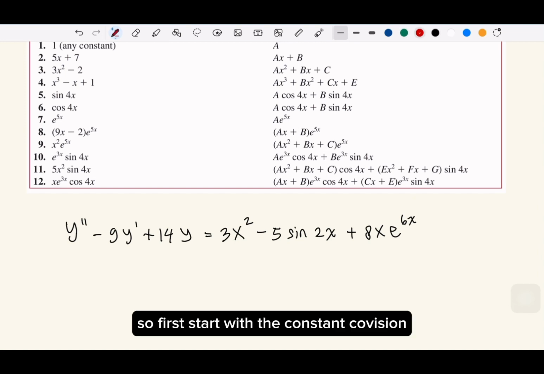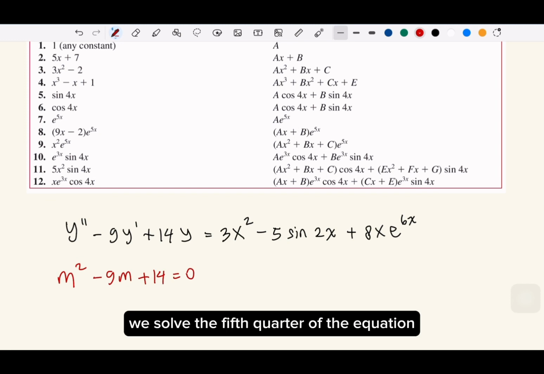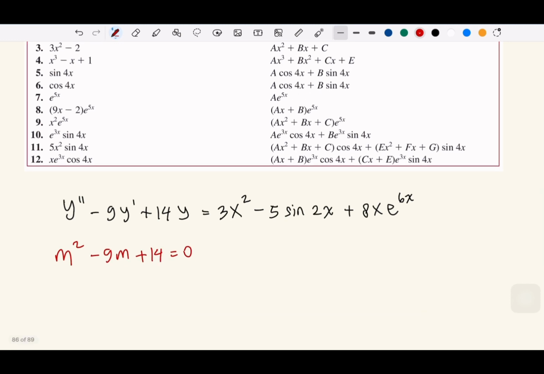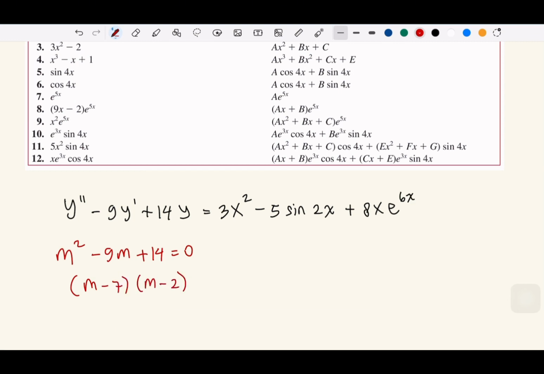So first, start with the constant coefficient. We are going to solve the homogeneous equation, so we start to write m squared. Just as usual, we solve this quadratic equation. We can factor it easily, right?